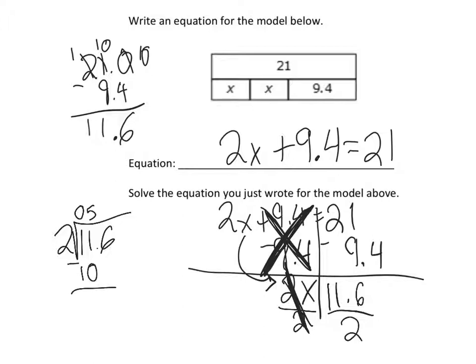That's 10. We subtract them, we get 1. We want to bring our decimal straight up. Bring that 6 down. 2 goes into 16 8 times. So we get 5.8. So our final answer would be x equals 5.8.